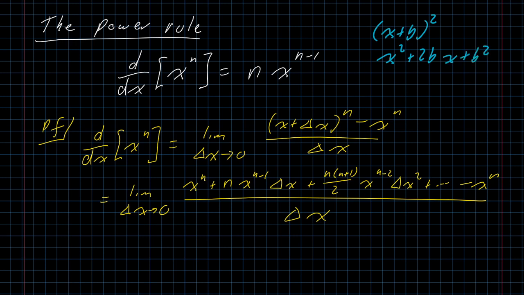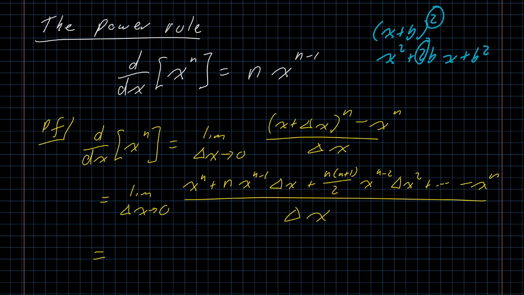I have delta x instead of b, but the fact that there is a 2 here does in fact come from the fact that that is squared. If it was cubed, it would be a 3. In general, it's an n. And then there's something else, and there's my b to the second power, and it continues down the line from there. I don't really care about everything else, because as you'll see in just a moment, a lot of stuff is going to go away.